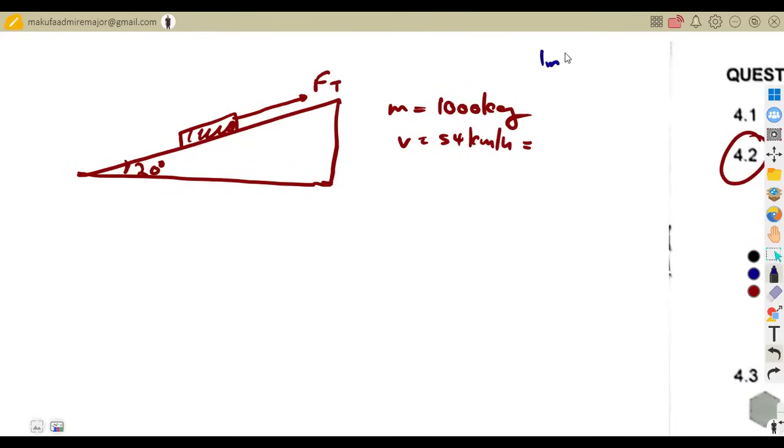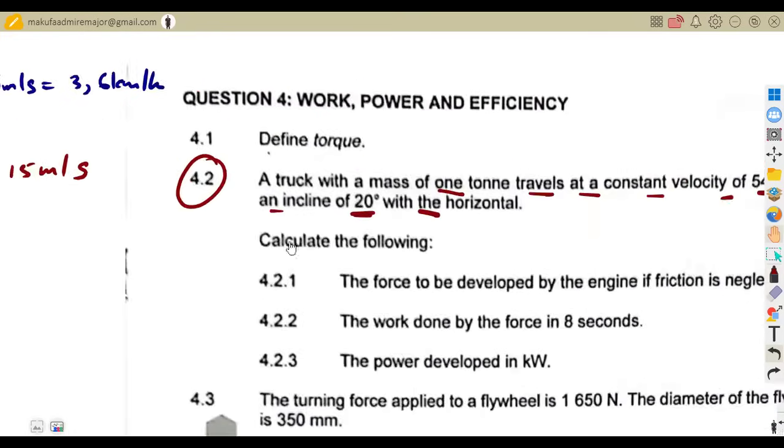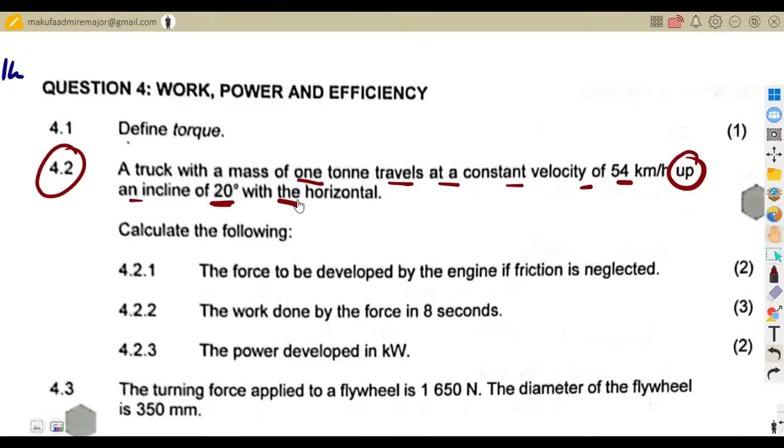I talked about this. 1 meter per second is equal to 3,6 kilometers per hour. So just divide by 3,6, and you are going to obtain 15 meters per second. The angle theta in this case is the angle of incline, 20 degrees with the horizontal. So we are supposed to calculate the following.